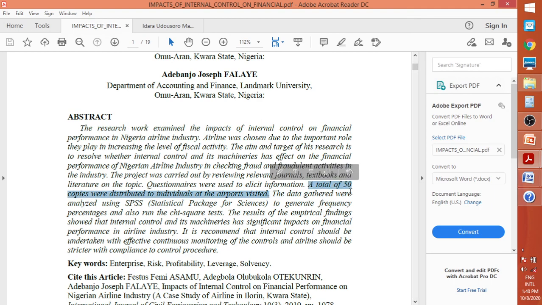They said a total of 50 copies were distributed to individuals at the airports visited. 50 people, over several millions of people that actually visit the airport. Only 50 people's opinion were used to judge the rest. Actually, you can see that this is actually a gap.